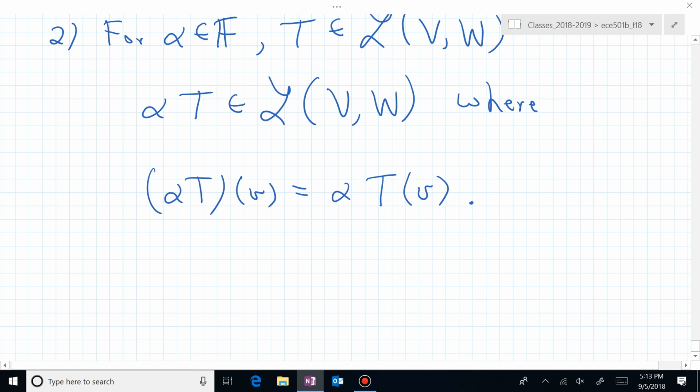With those definitions on these linear maps, they now form a vector space.